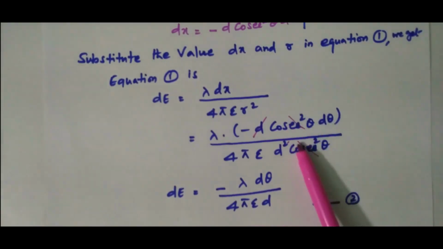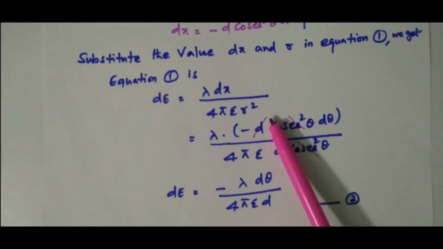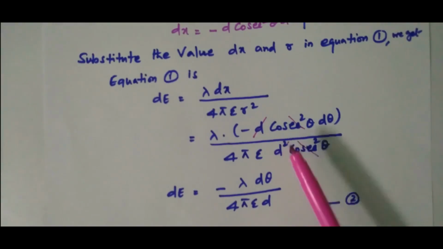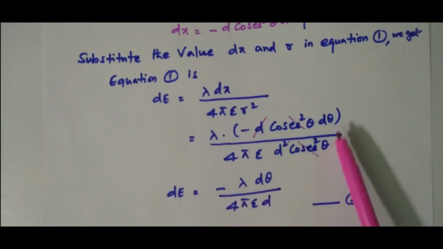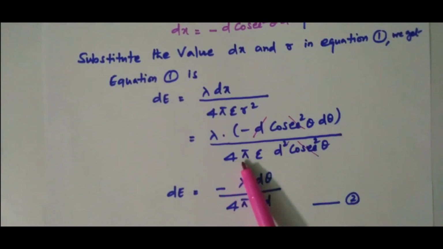So the cosecant square theta got cancelled, one d got cancelled, and the negative symbol remains. So minus lambda d theta divided by 4 pi epsilon d. Now we got the expression for the small electric field intensity, minus lambda d theta divided by 4 pi epsilon d. We will take this as equation number 2.